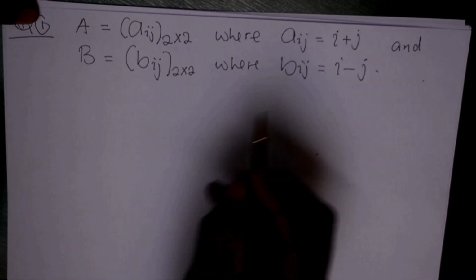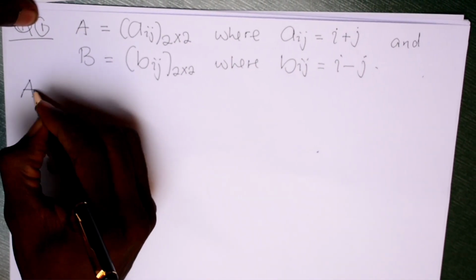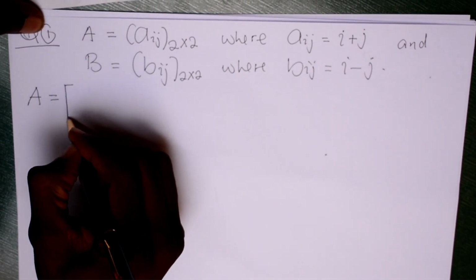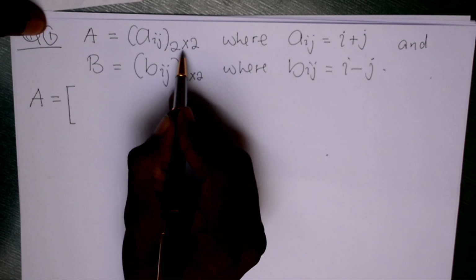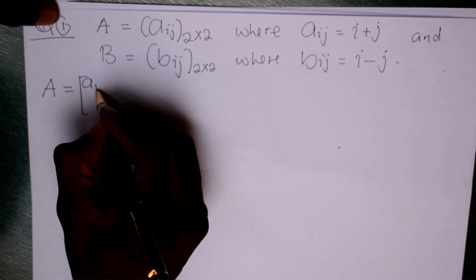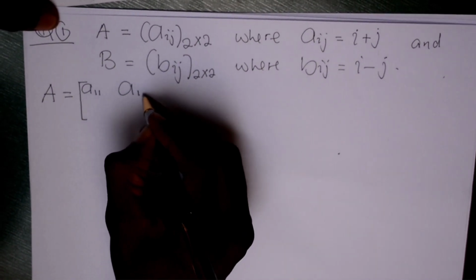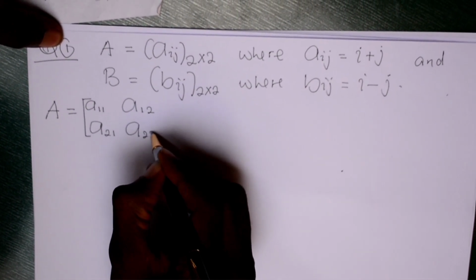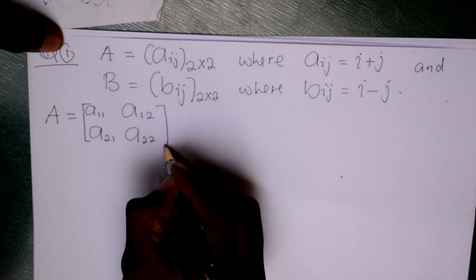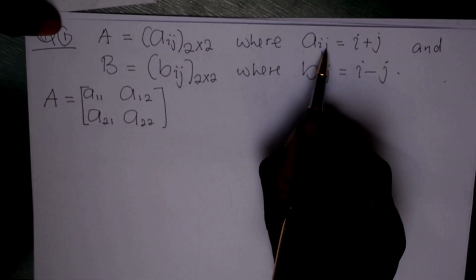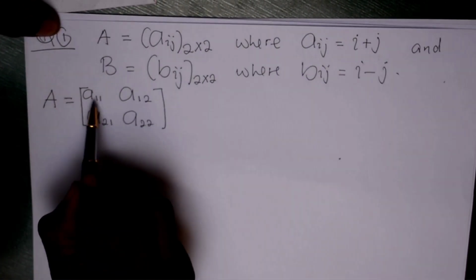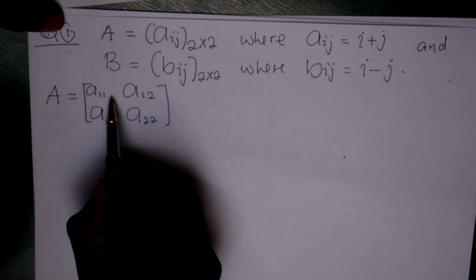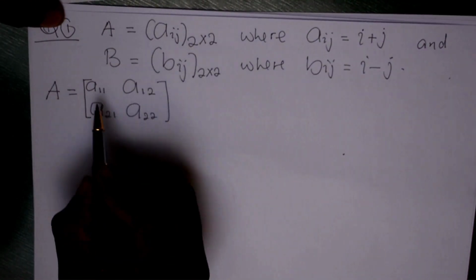So let A be the 2 by 2 matrix A11, A12, A21, A22, where Aij is i plus j, and this is i and this is j.